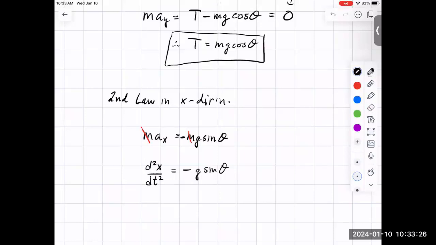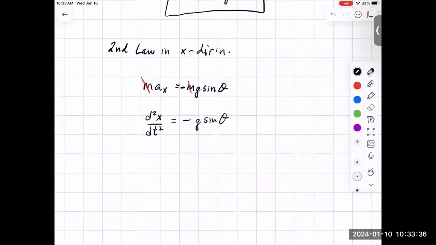But now I have 2 derivatives equal to minus, the negative sign's there, but I don't have an x over here. And so what we're going to have to do is make some manipulations to see if we can get this to look more like the mass on a spring example. So this is not quite the same as the mass on a spring.